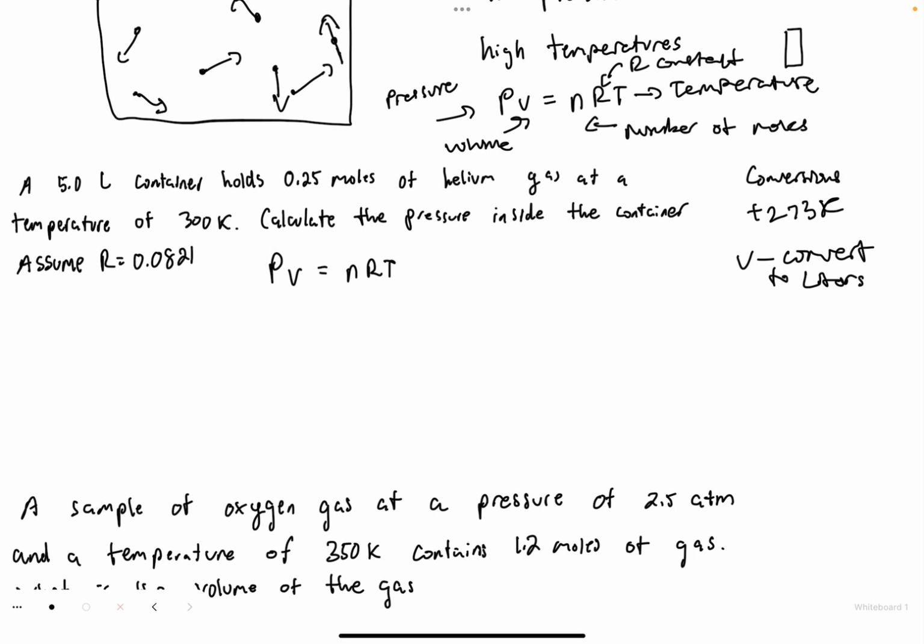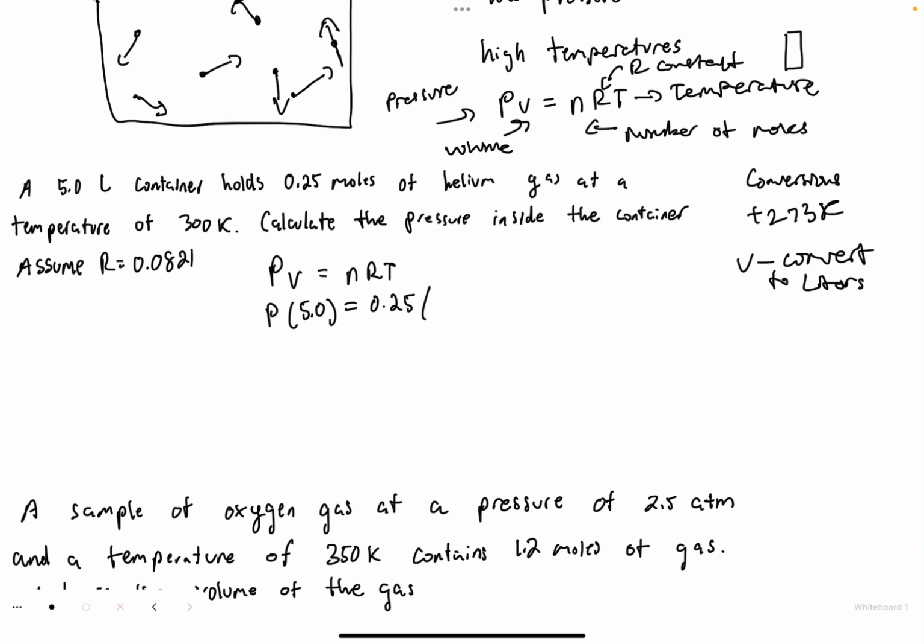We're trying to find the pressure. We're given the volume, so 5.0 times pressure equals the number of moles, the R value, and we also have the temperature, which is 300 Kelvin.